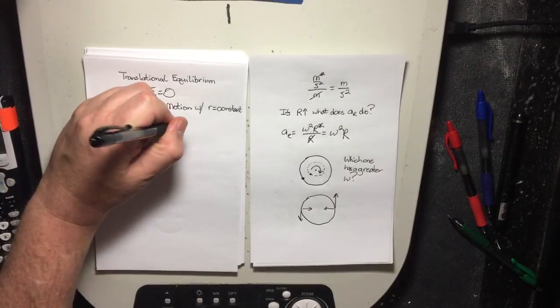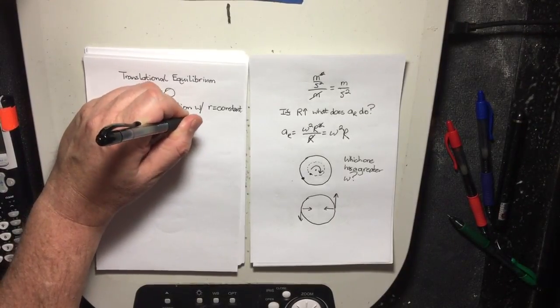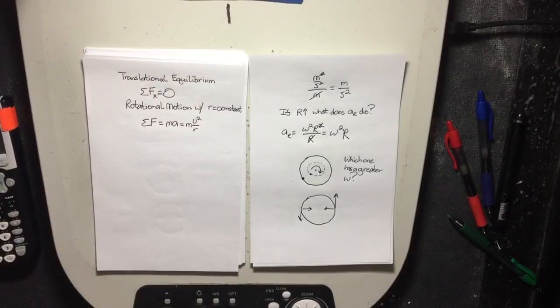And a is v squared over r. The forces that we get should end up like that. So in these tutorials that we're going to do tomorrow, we're going to be talking about rotational motion and how it all works together with summing forces.